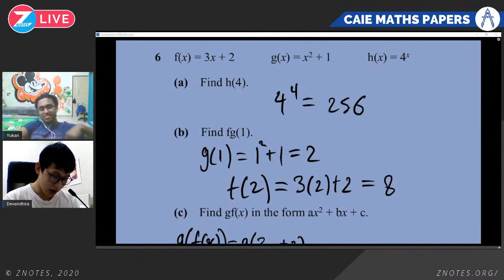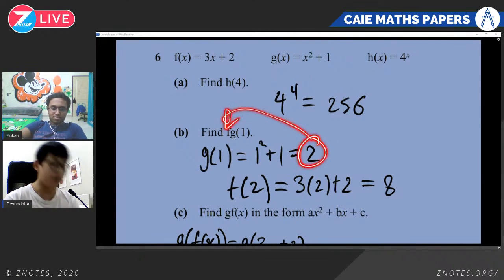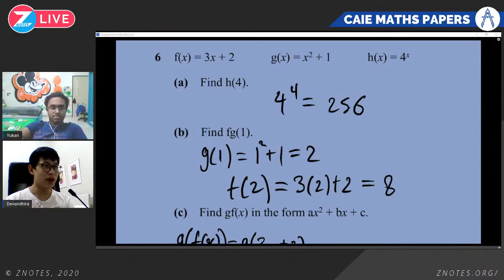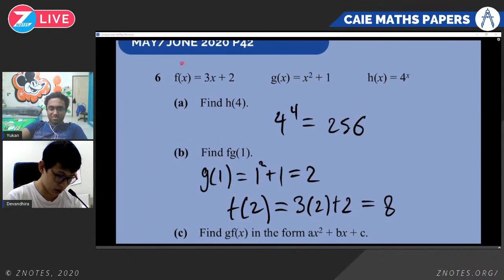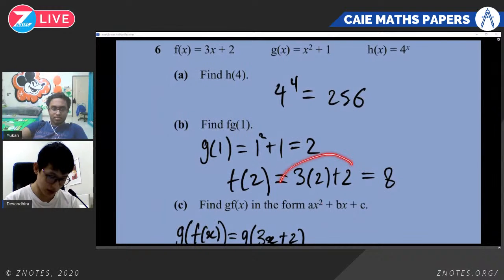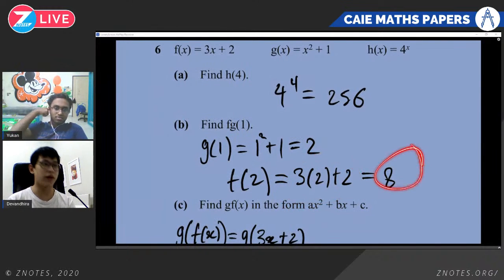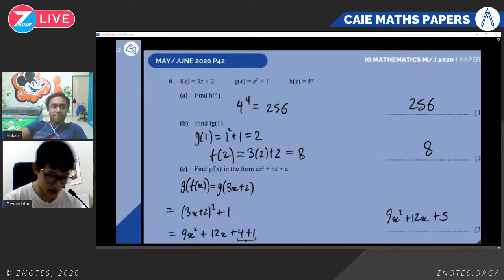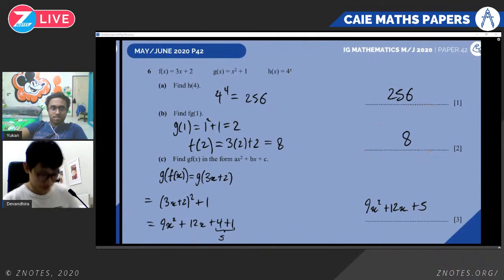That means this value, you put it in f. You put the value of 2 in f. That means instead of x, we have to put 2. That means 3 times 2 plus 2, correct? So 3 times 2 plus 2, 6 plus 2 is 8. So we have 8 here.